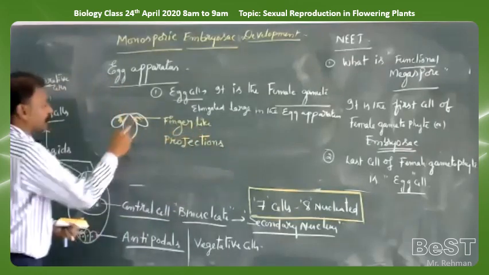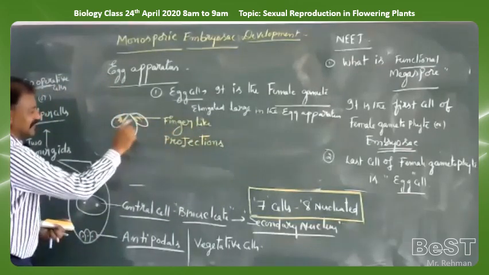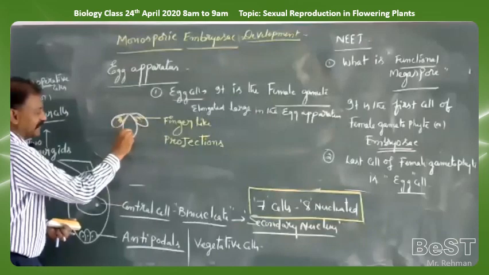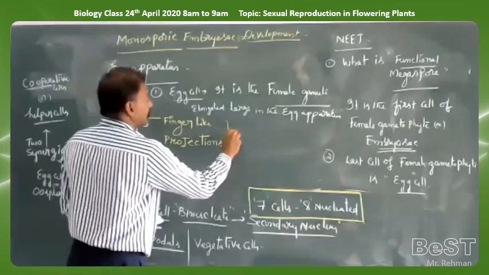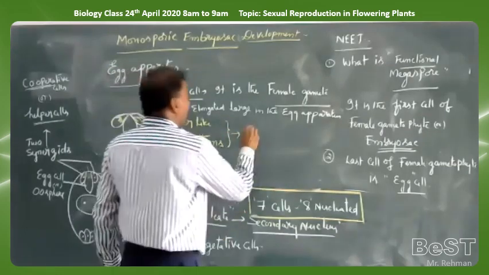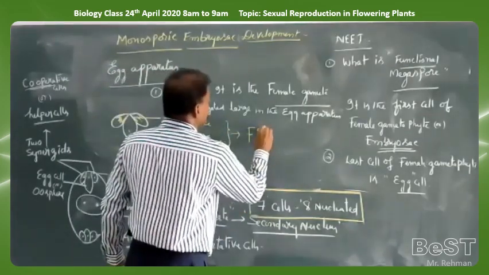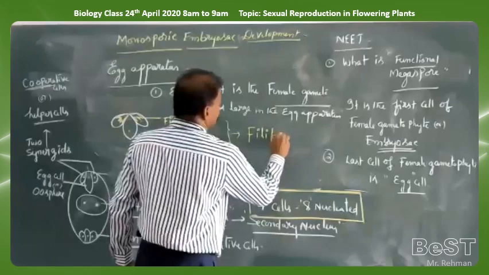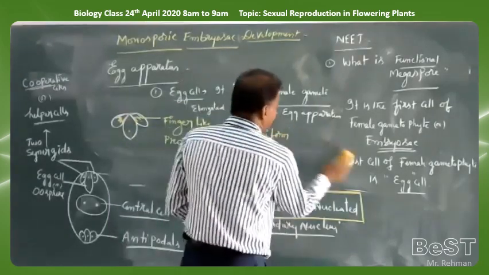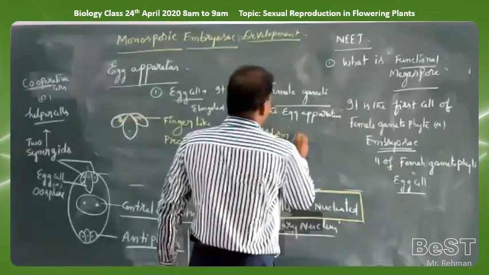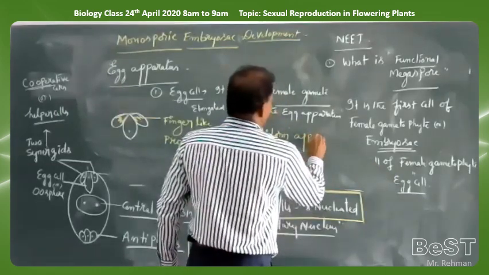These finger-like projections present in the synergids on either side of the egg cell are called filiform apparatus.